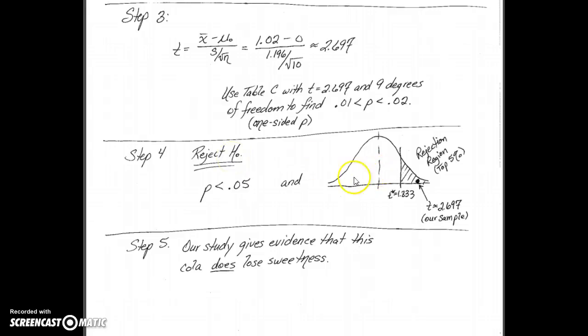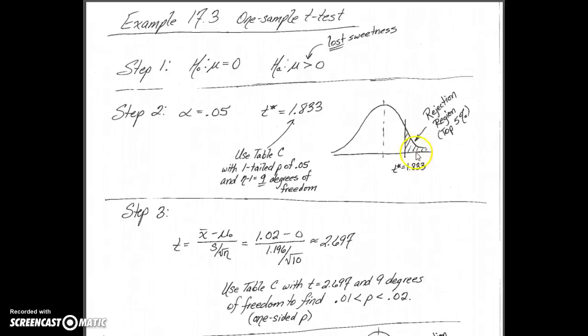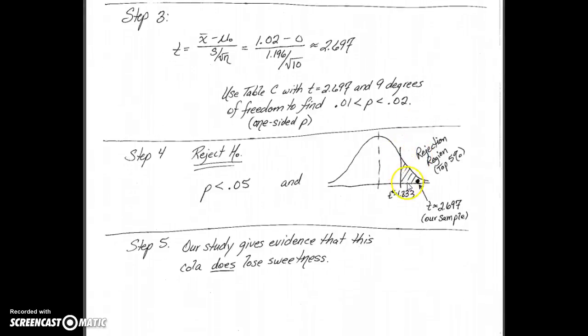We could also look at where our specific t-statistic fell in the scheme of things. Back in step 2, we had set up that rejection region, anything higher than 1.833, and our sample was indeed inside that rejection region. 2.697 was our t-statistic.